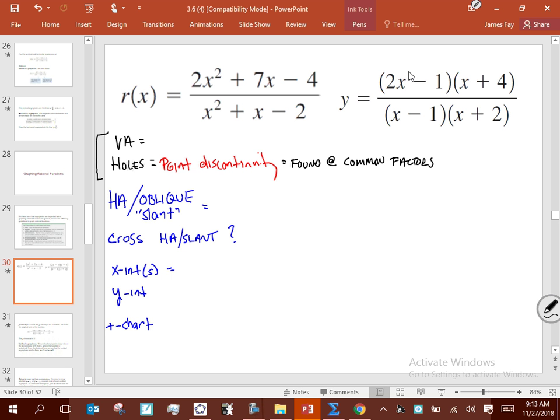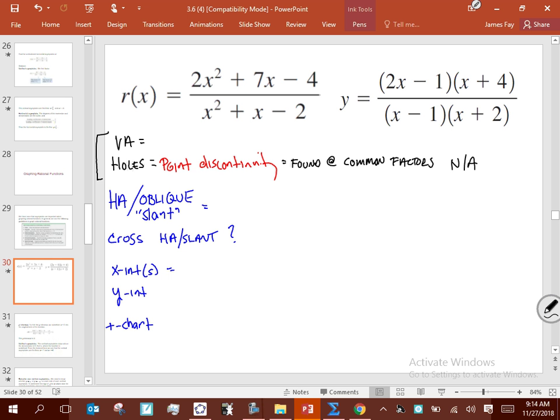So if I look at my numerator, 2x minus 1, I have none of those in the bottom. If I look at x plus 4, I have none of those in the denominator either, right? So there's no common factors. So in this case, I have no hole. It's not applicable here. If there were common factors, the zero of that common factor is going to be where my hole is. So we'll talk about that later.